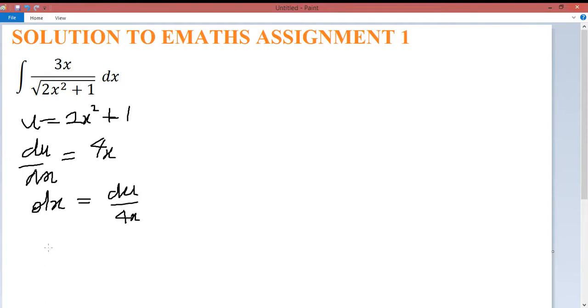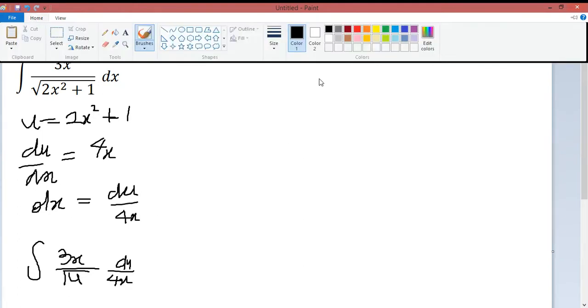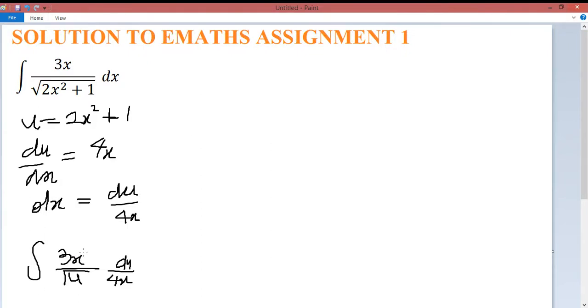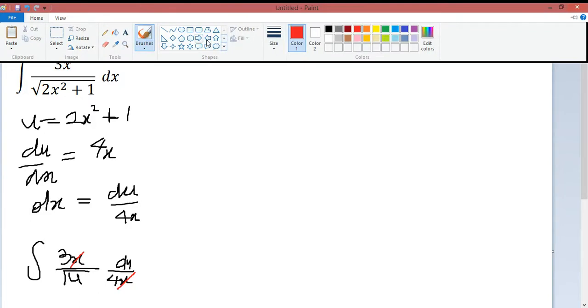Good. Then we substitute the x and the u. So we have 3x all over the square root of u, times du over 4x. Then we apply our knowledge of algebra to cancel these two and proceed.